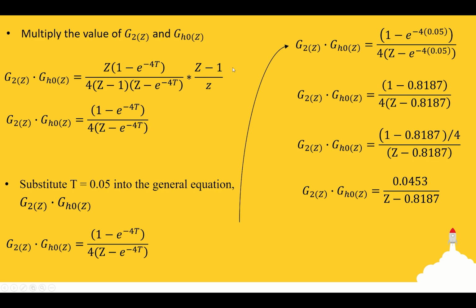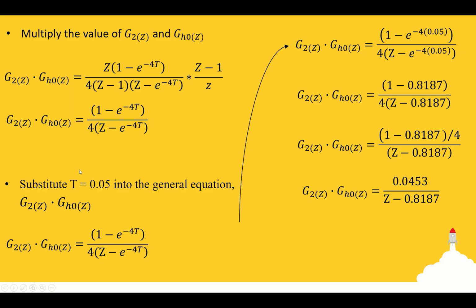Z minus 1 we cancel with the denominator of the transfer function in the Z domain, and the Z denominator of the ZOH in the Z domain we cancel out with the Z over here. So the value will become 1 minus exponent negative 4T divided by 4 times Z minus exponent negative 4T.